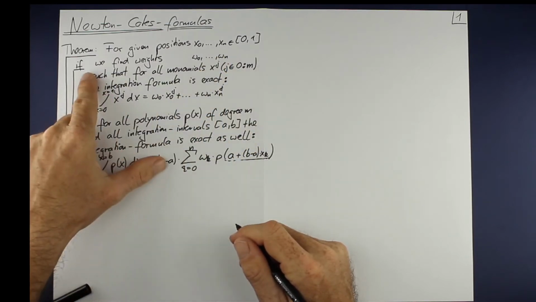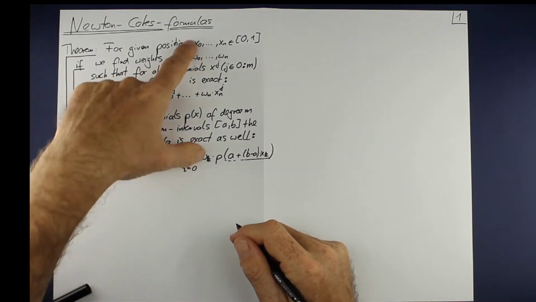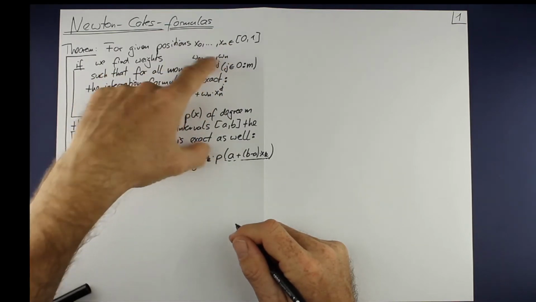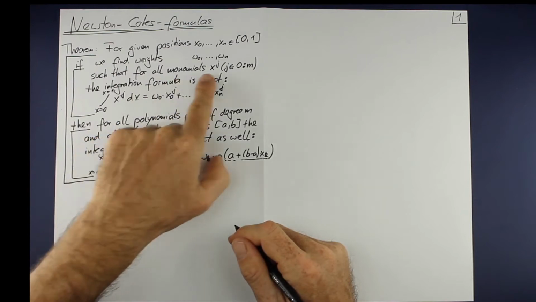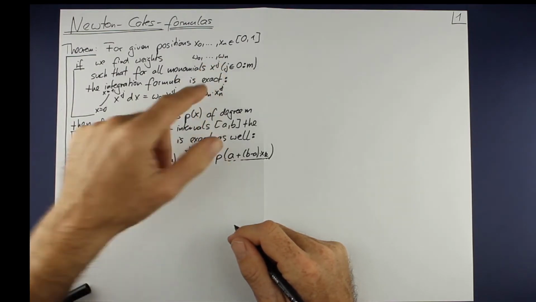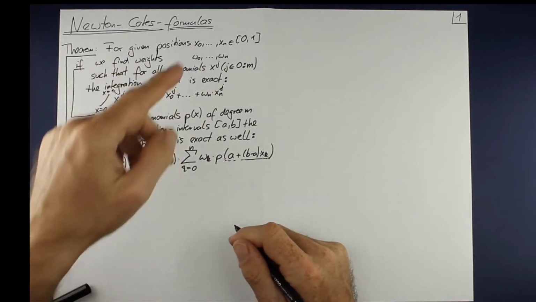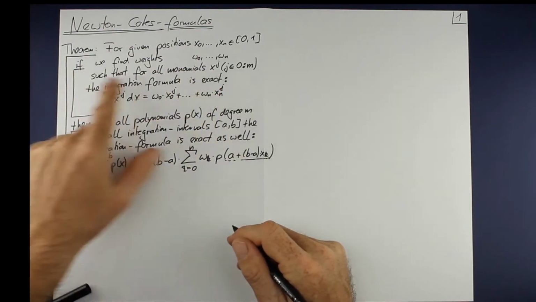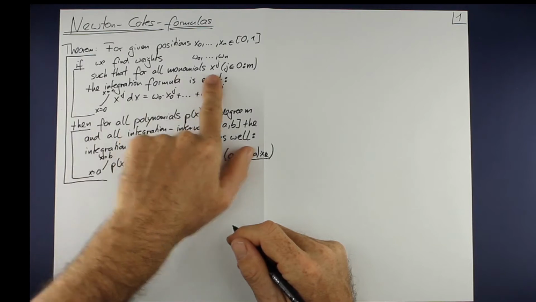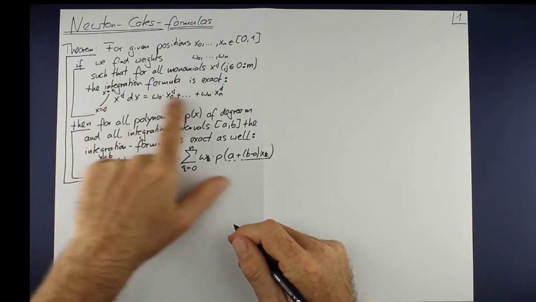If we then find weights which fit to these positions, which fit in which sense, such that for all monomials, a polynomial is a lot of monomials with some coefficients, the integration formula is exact.